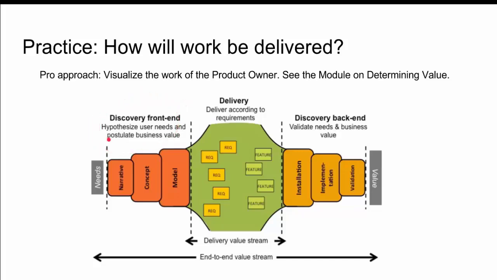So that precedes the development work in the sprint. And then afterwards, you validate that you've actually created the business value. You run an experiment and either accept or reject. And so normally, development teams just visualize the work inside of the delivery part. What I'm suggesting is that you visualize the entire end-to-end system.